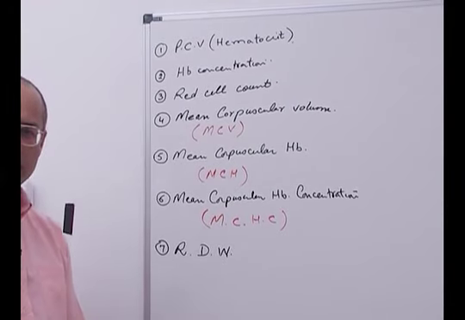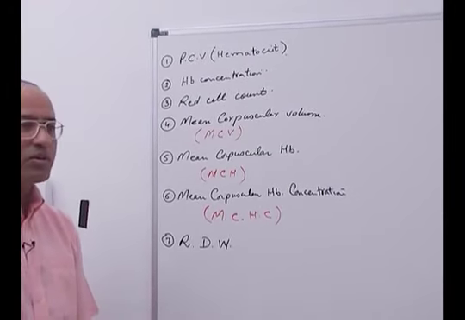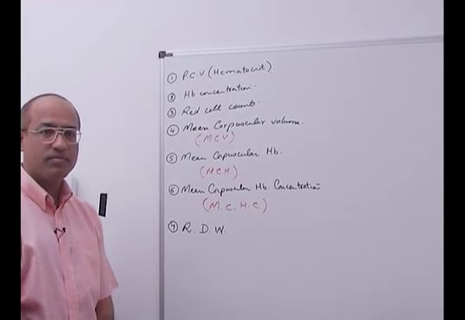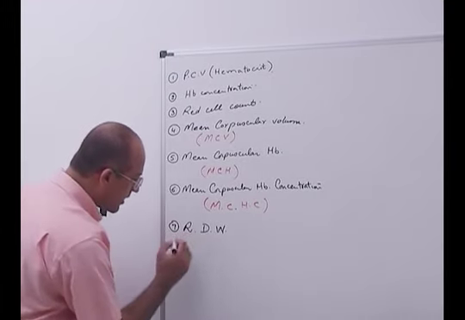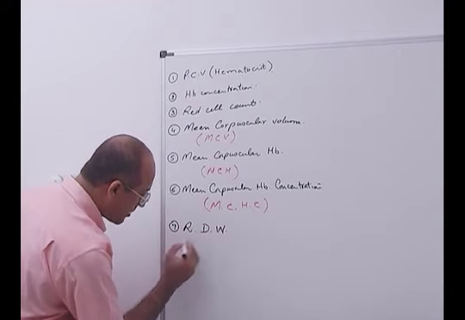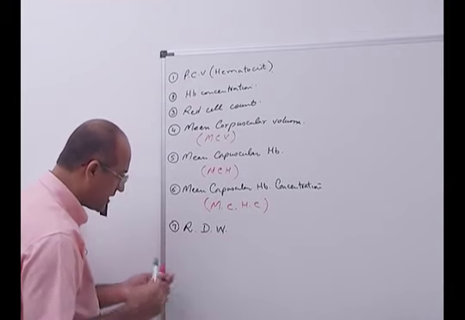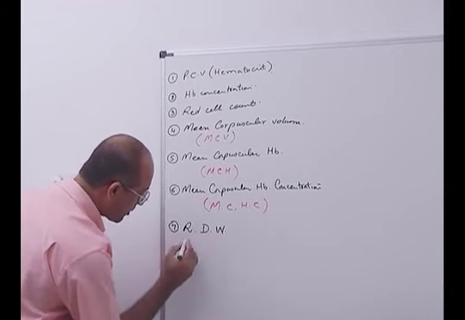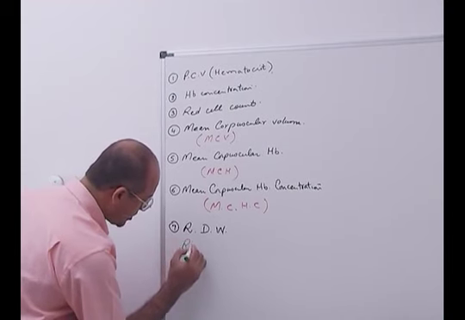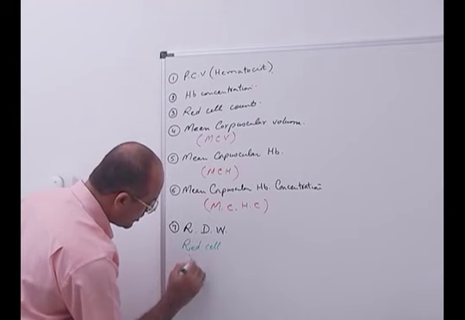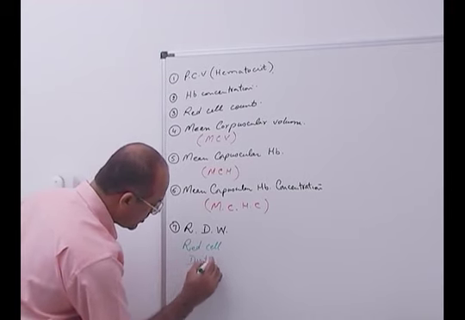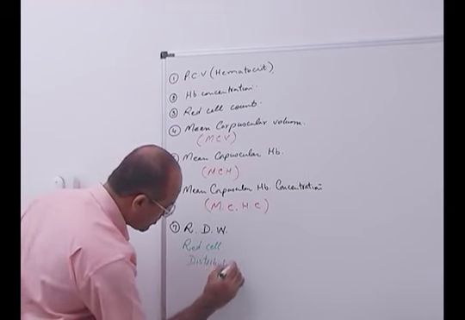What is this? Anyone who knows about it? Never heard of it? Red cell distribution width. I will explain it later, what is really meant by that and what is the importance of this term.